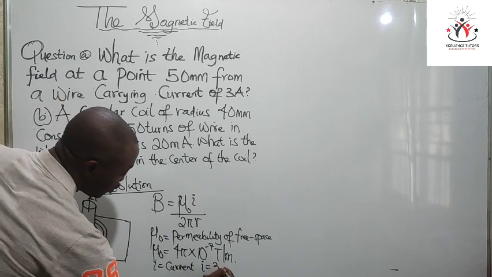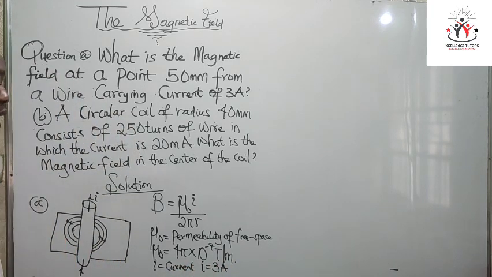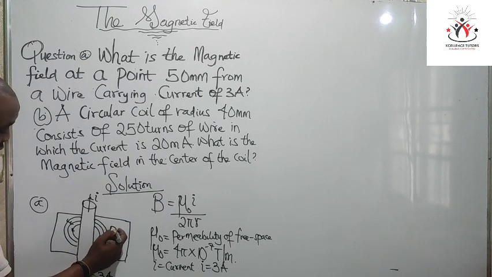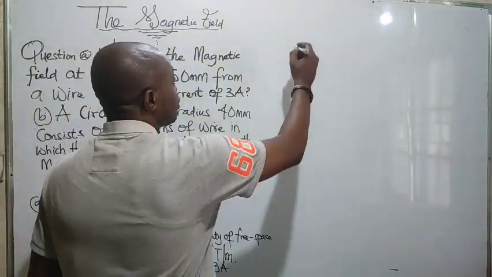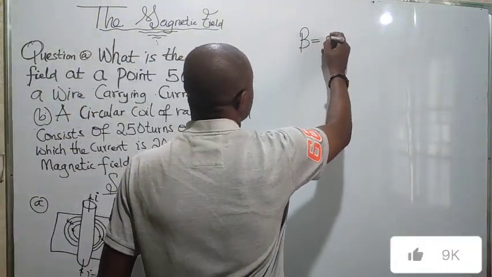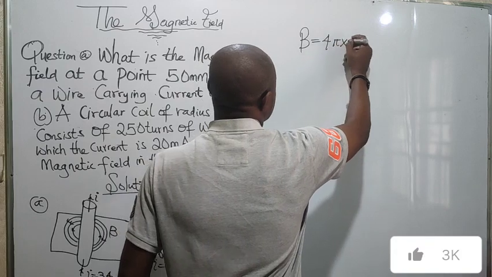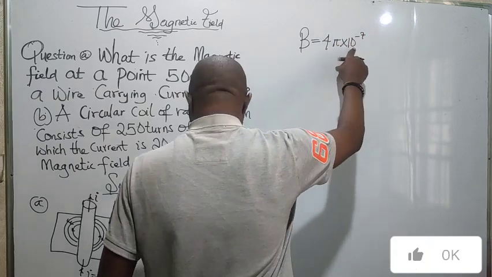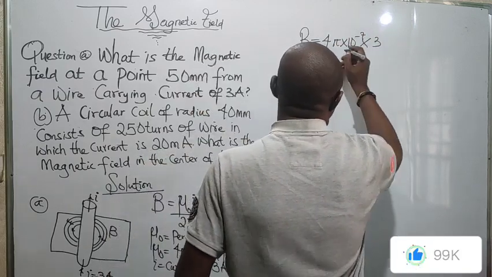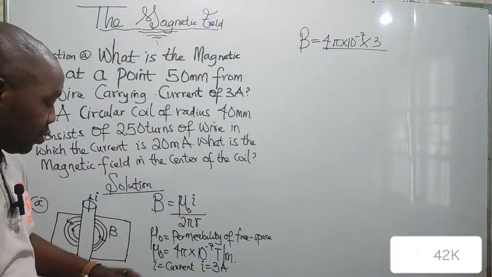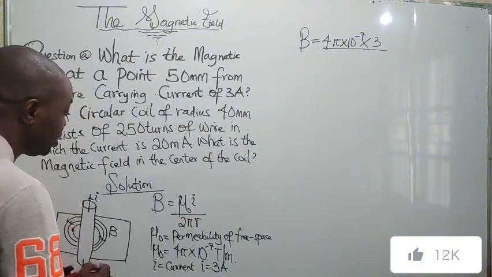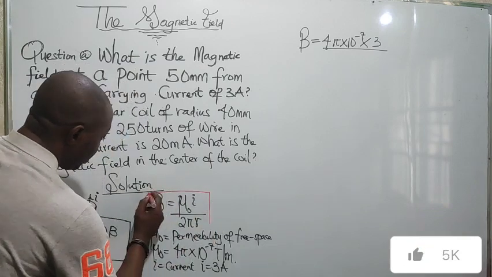We are given the magnitude of the current to be 3 amperes, the current entering the straight conductor. So B equals 4 pi times 10 raised to the power of minus 7, multiplied by 3, the current entering the conductor.